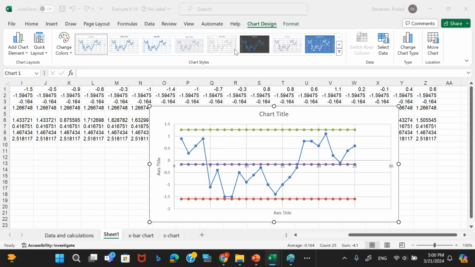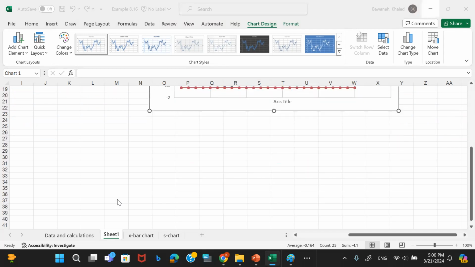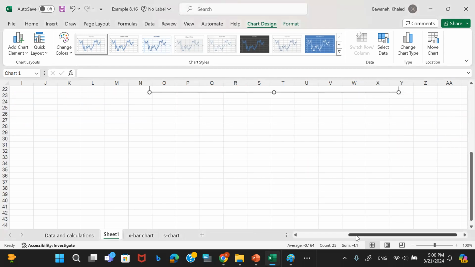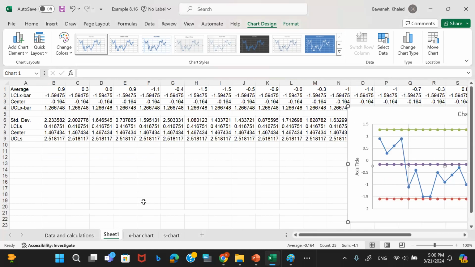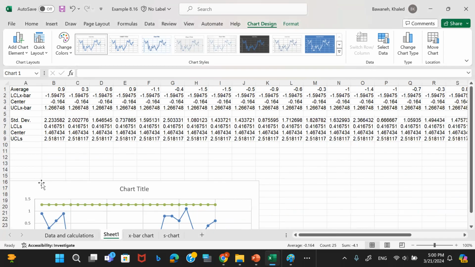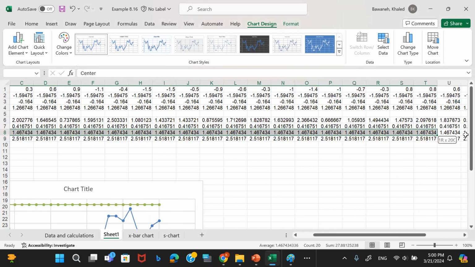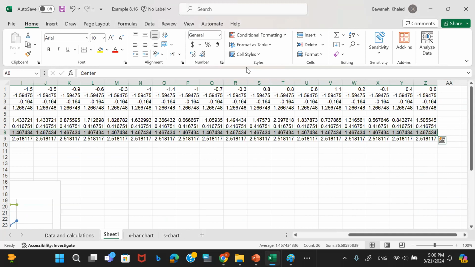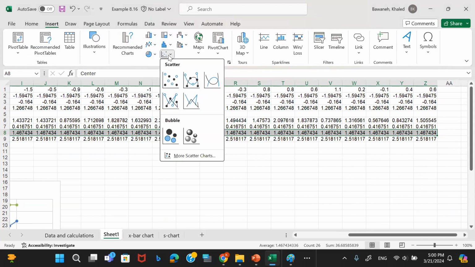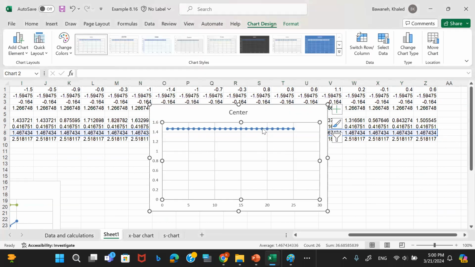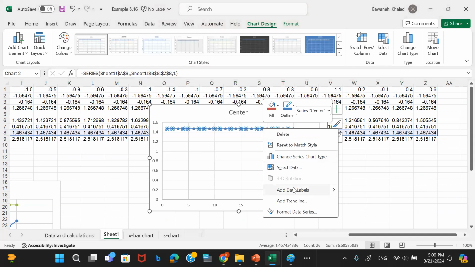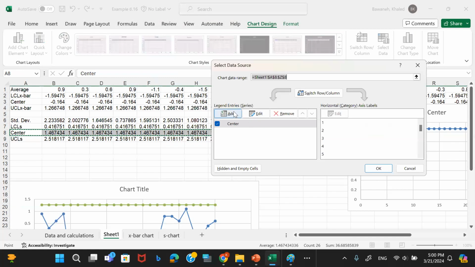I do the same thing for the S chart. Take this down here. I take the center, for example, go to insert, and then keep adding select data.